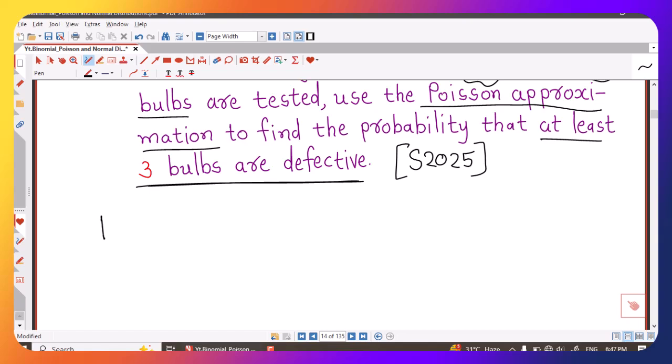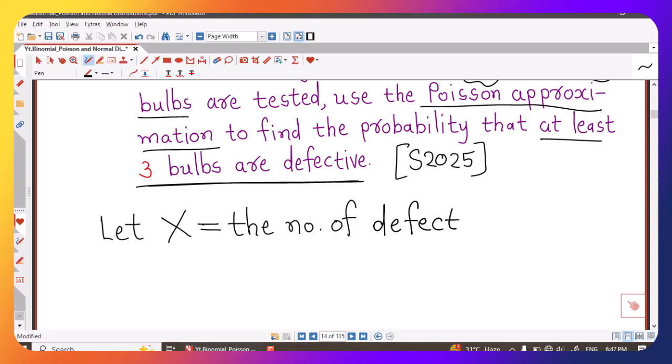So here we will define our random variable capital X as the number of defective bulbs out of given 200 bulbs. Capital X equal to number of defective bulbs, and n equal to 200.